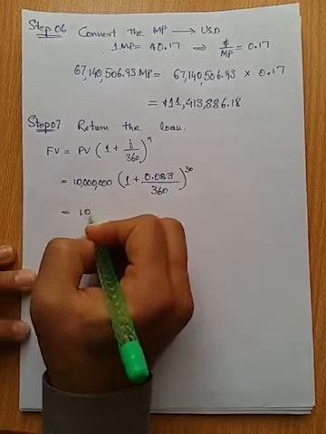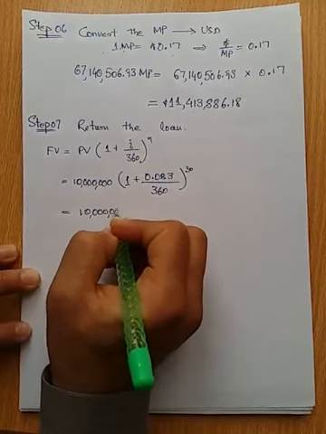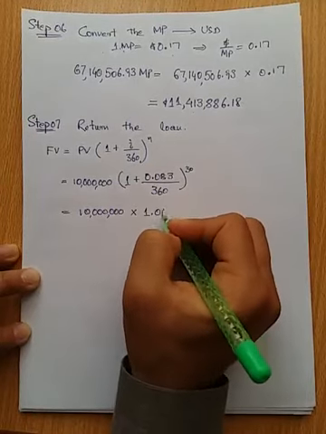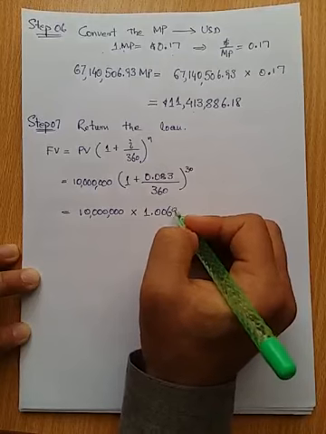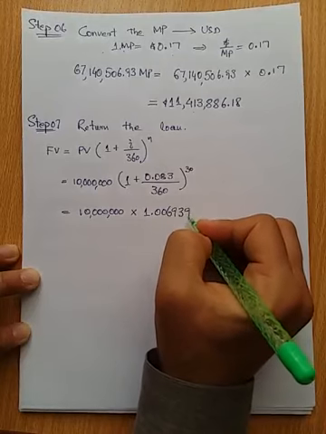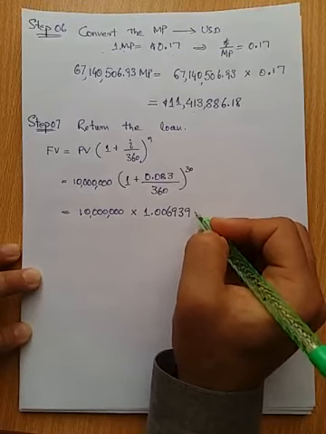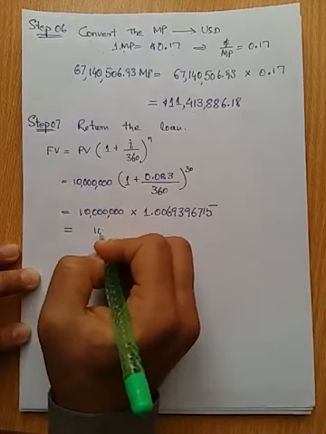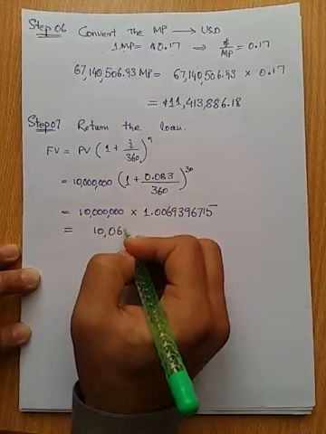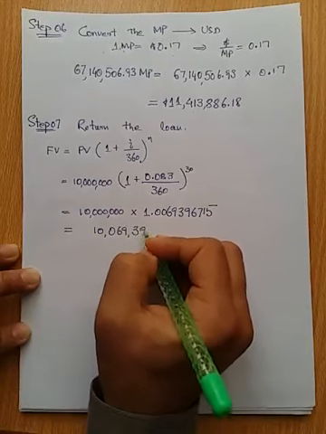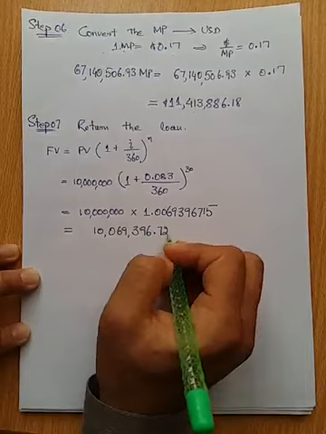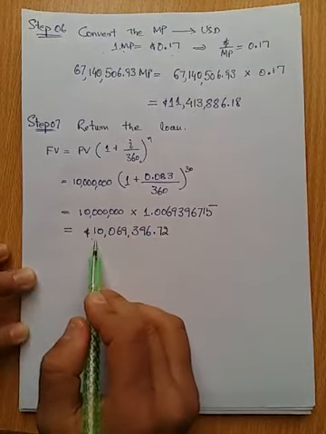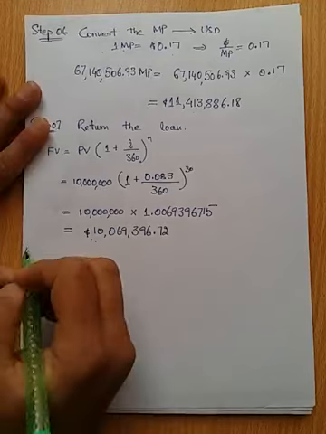So I will write the summarized value of the whole process I just explained. 10 million will be multiplied with 1.0069396715. So when I multiply that, I will get 10,069,396.72 dollars. This is the rounded value which must be paid back, okay, to the bank to finish the liability.